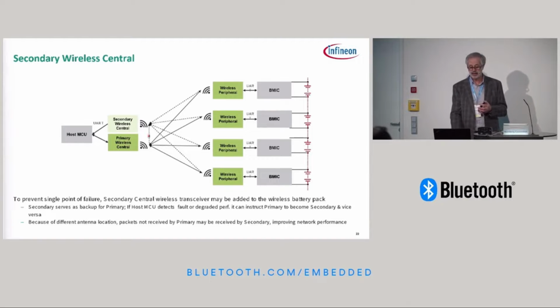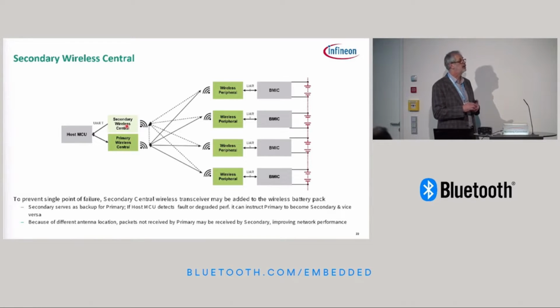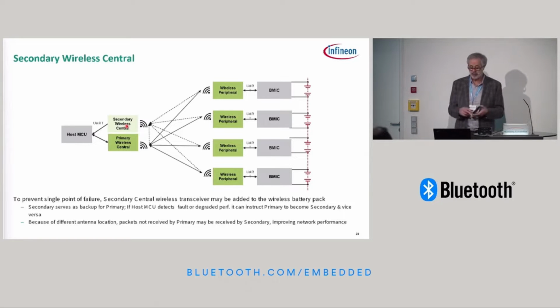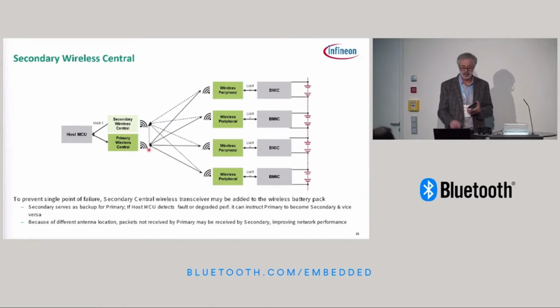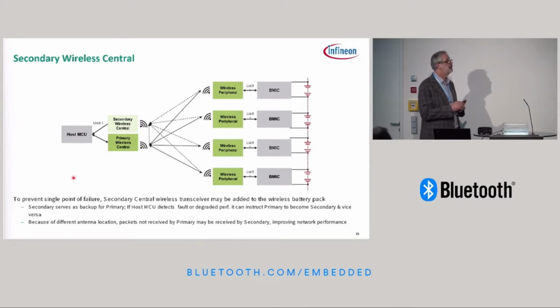In addition, it can also listen for all the advertisements from the cell modules. That provides you with backup duplicate information. Antennas are separate, so some data that hasn't been received by the primary can still be received by the secondary. So in the host MCU, you can collect data from both primary and secondary and make a smart decision about which data is better.